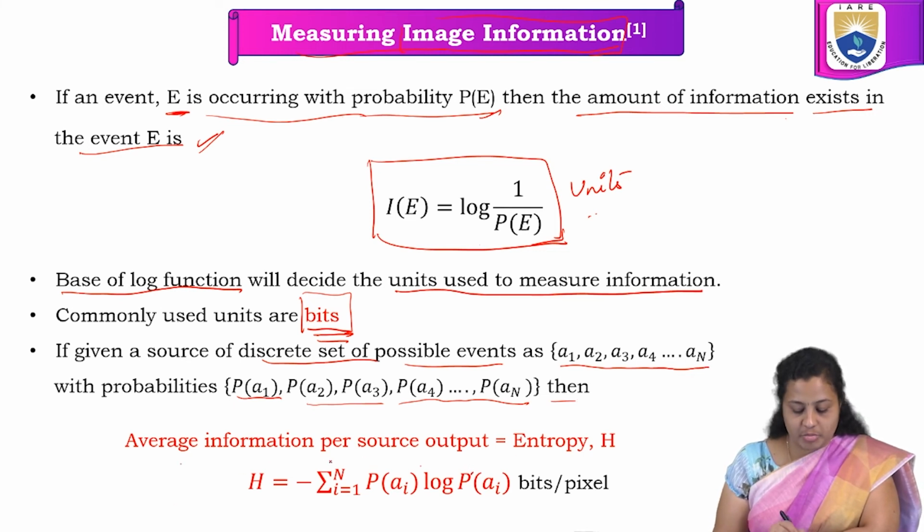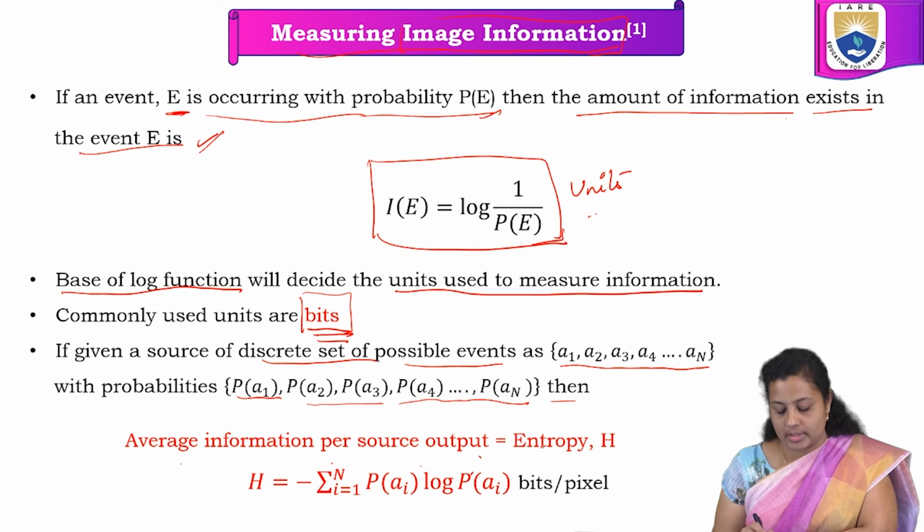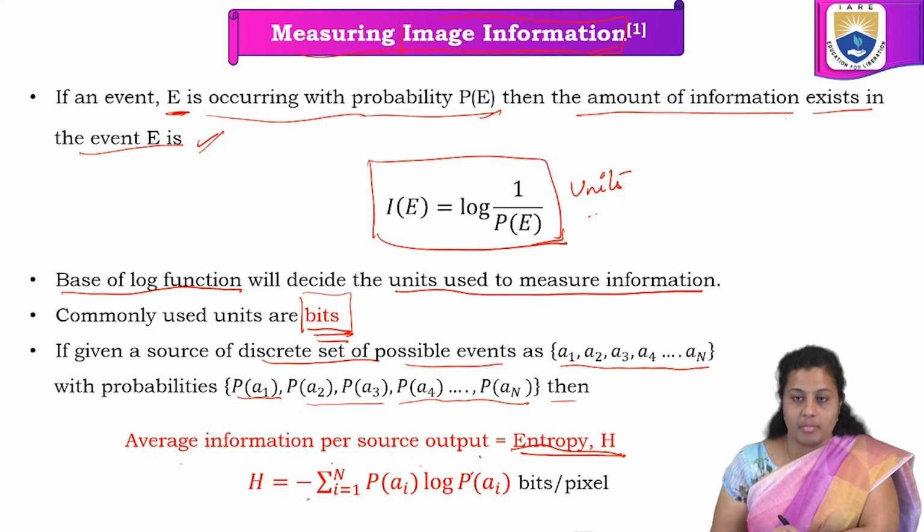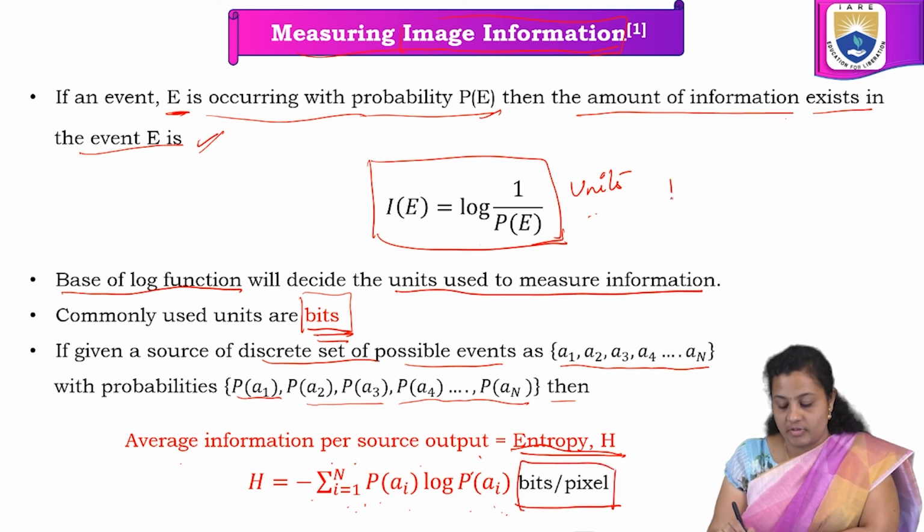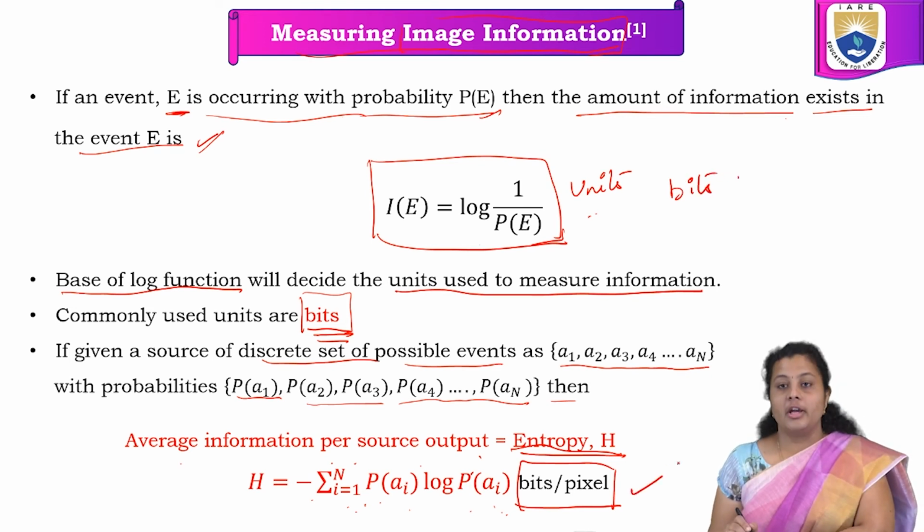The average information per source output is called the entropy, given by minus the summation from i equal to 1 to n of the probability of the event times log of that probability. If information is given in bits, then the entropy is given in bits per pixel.